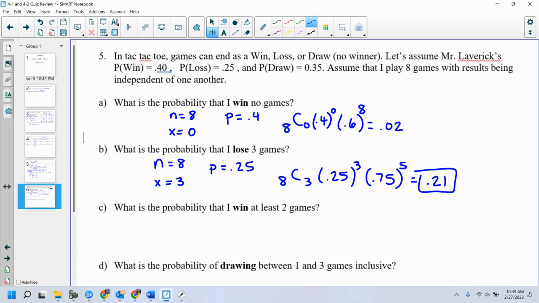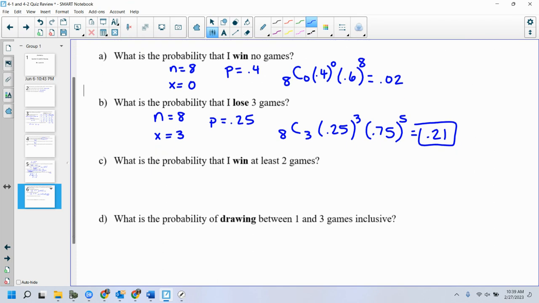Probability that I win at least 2 games. Now, the probability that I win at least 2 games, isn't that the probability of 2 plus 3 all the way up to plus 8? That's a lot of calculations. What could I do instead? The complement.